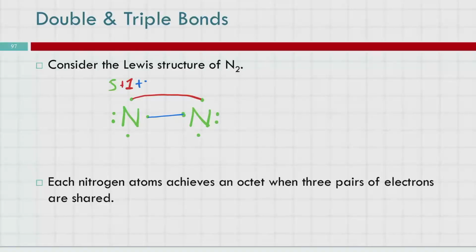So we can share another one to get up to 7. So now we're sharing 2 electrons, so we've got a double bond. And we are still not up to our octet, right? We're at 7. 5 plus 1 is 7. And so we need another one. And so we do a third bond. And at that point, we've got 8.